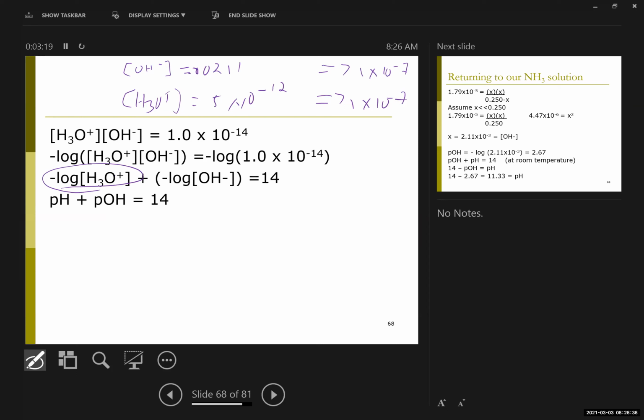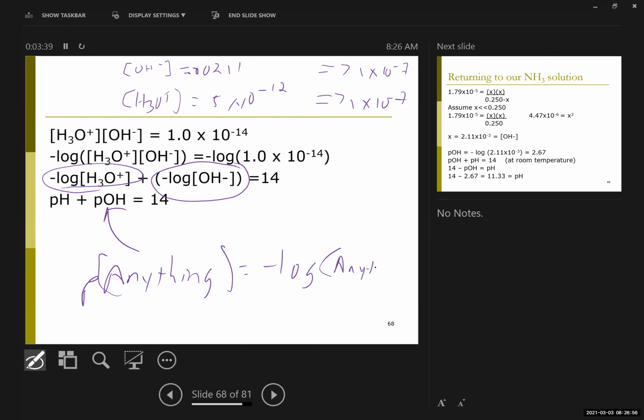And this negative log of hydroxide is generally termed the pOH, for some historical math reason. P of anything is the negative log of whatever the anything is. P of my $17 is the negative log of my dollars. So my P dollars is the negative log of 17.